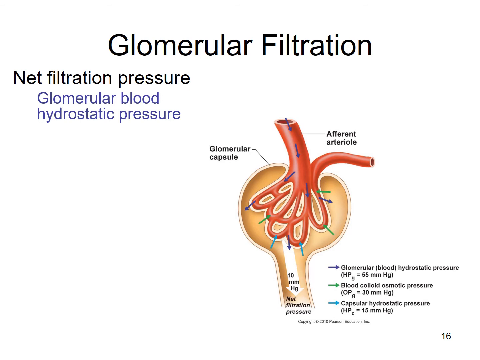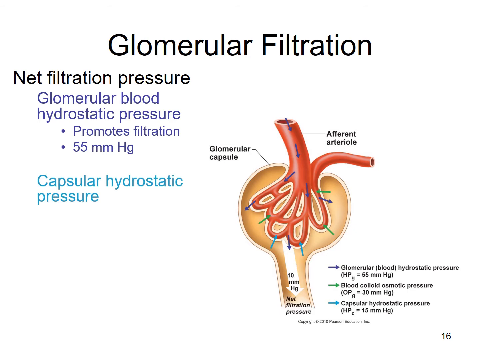So this is going to be a force that pushes blood plasma out of the capillaries. This promotes filtration, and again, I want to make it clear that filtration is the process of fluid going through the membranes of the glomerulus out into the Bowman's capsule. So this hydrostatic pressure promotes filtration, and it's a force of about 55 millibars.